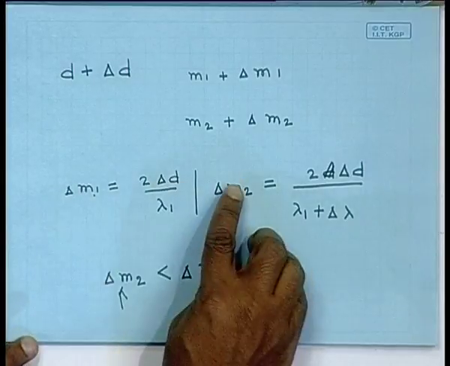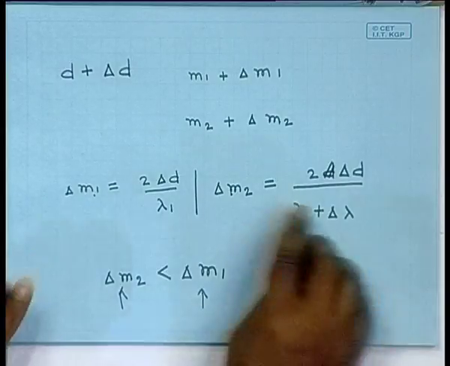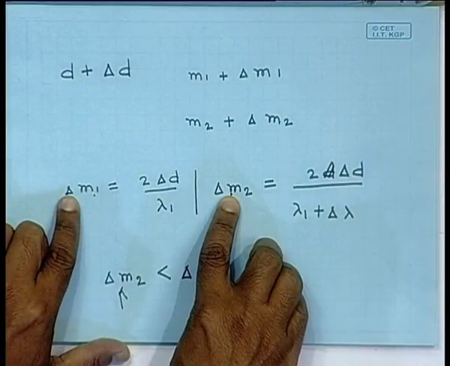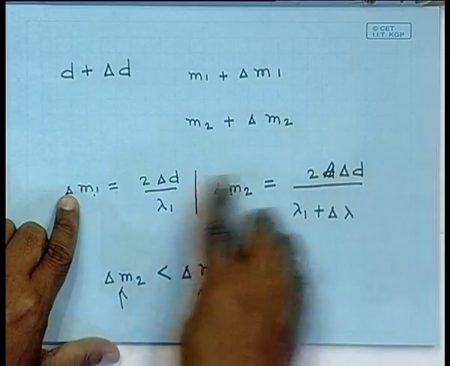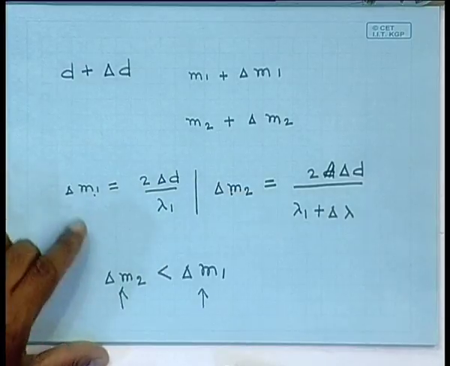So, what we see is that I start from a situation where the two fringe patterns coincide, we have concordance, the fringe pattern is very intense, the contrast is very high, I move one of the mirrors, slowly the fringe pattern will get washed out. Now, if I keep on moving the mirror even further, so that delta D goes up, I will first reach a situation where these two numbers differ by half, and then if I keep on increasing delta D even further, I will reach a situation where these two numbers differ by an integer.